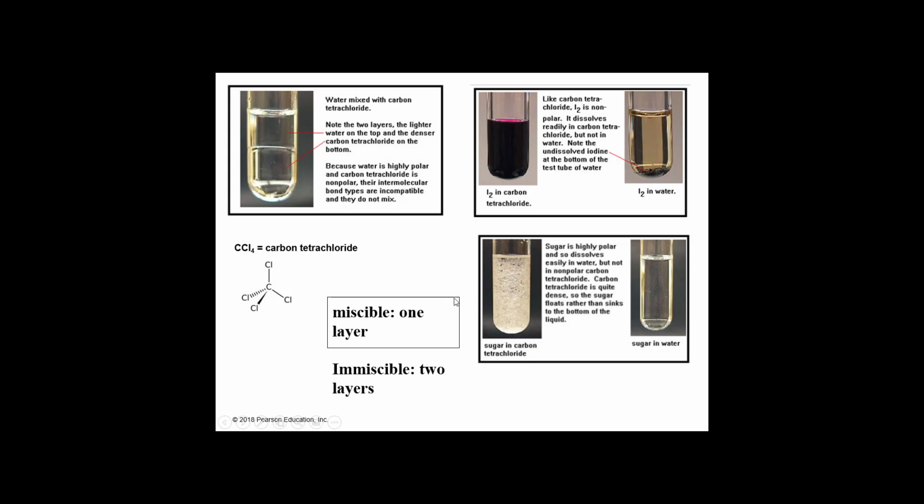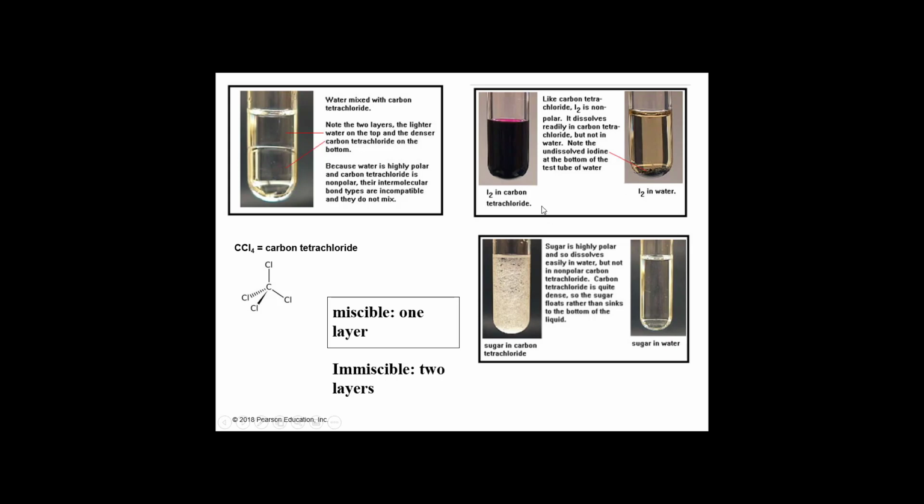Now sugar in carbon tetrachloride: they do not mix together, and you can see that. Sugar is very polar, so it dissolves very easily in water, but not in a nonpolar solution. That's why this looks very weird. And then here we have sugar and water, and you can see there's one layer. So you can see the 2 layers and the 1 layer, and that's what miscible and immiscible mean.